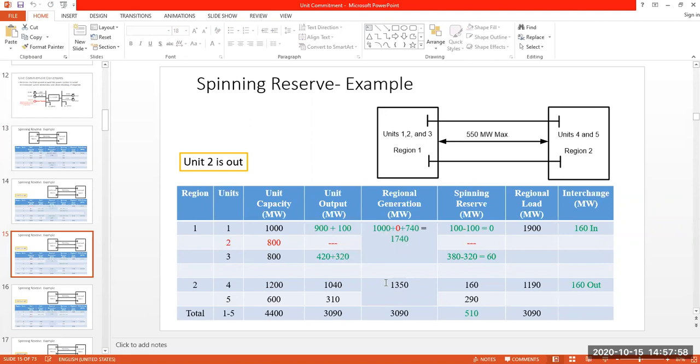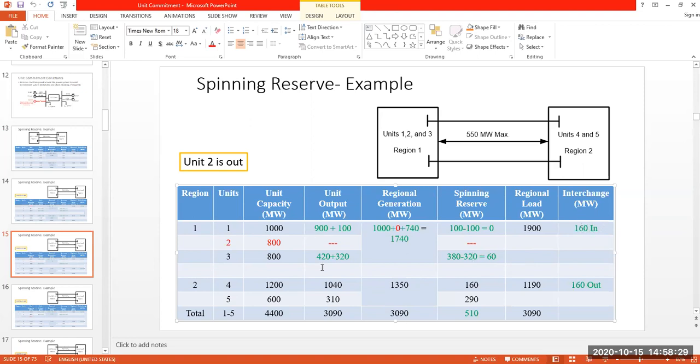I don't have to do anything here, so that remains as it is. And this spinning reserve reduces because previously the available reserve was 380. Now I am taking this 320 there in the actual output, so my spinning reserve is reduced. And because there is no increased flow from region 2 to region 1, the 160 remains as it is.